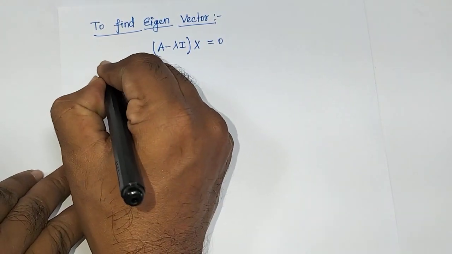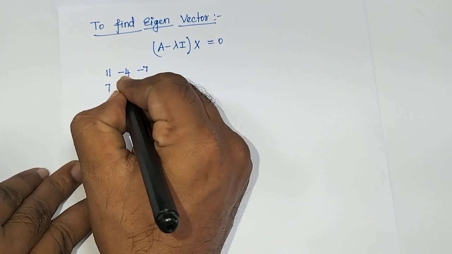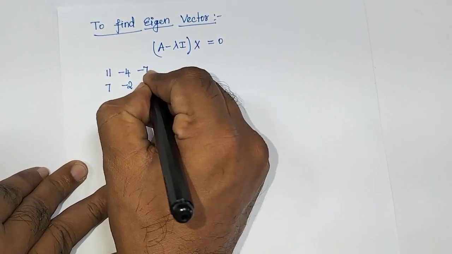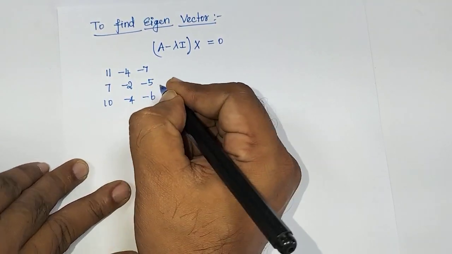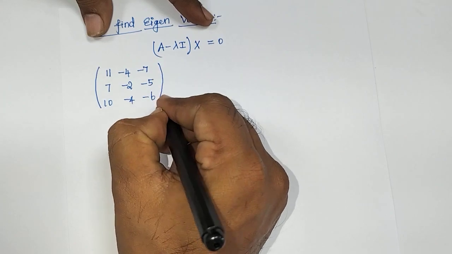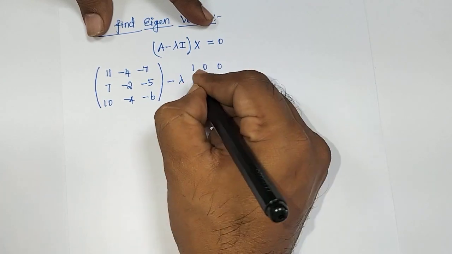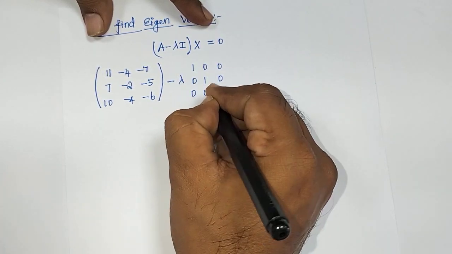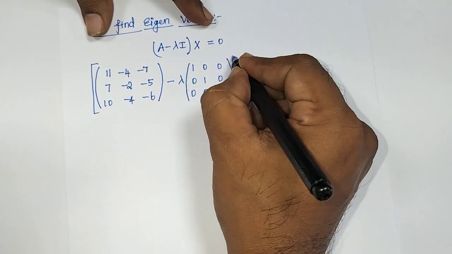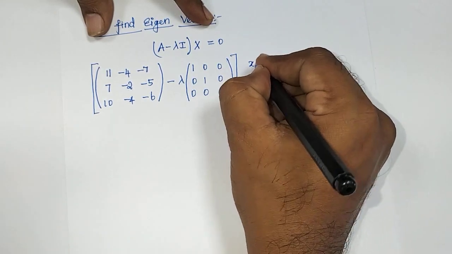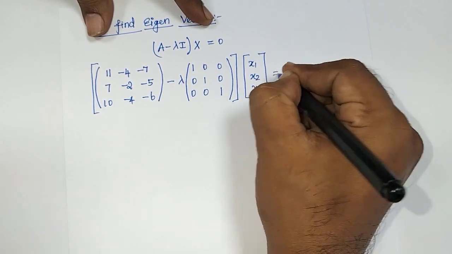The matrix A is 11, minus 4, minus 7; 7, minus 2, minus 5; 10, minus 4, minus 6. This is the A matrix, and minus lambda into the identity matrix 1 0 0, 0 1 0, 0 0 1, and capital X we can write as small x1, x2, x3, is equal to 0.